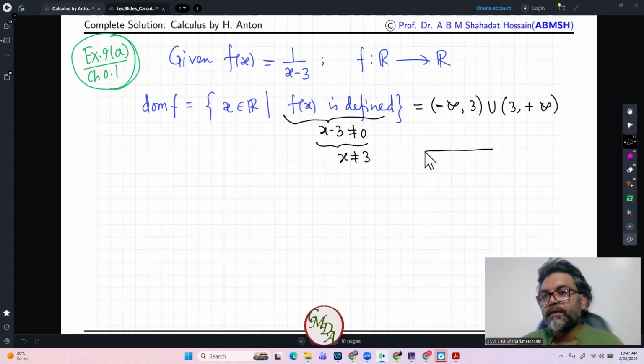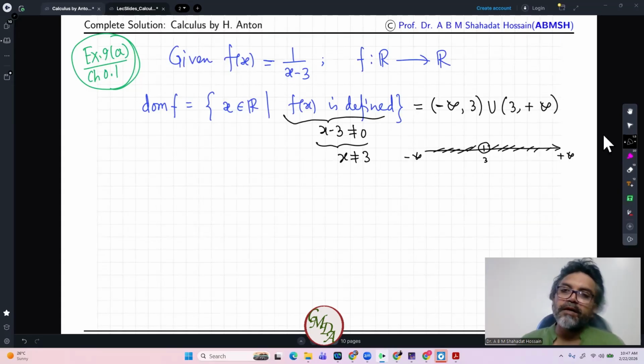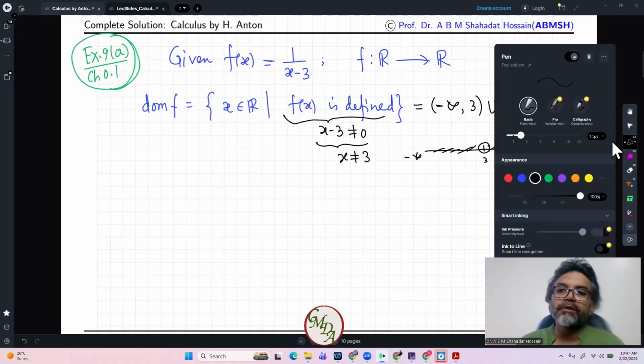If I draw the graph for this domain, if this is 3, this 3 is not included. Apart from this 3, all these numbers are included. We know this is a real line, and the real line starts from minus infinity to plus infinity. I hope this makes sense. Now, this is the function.